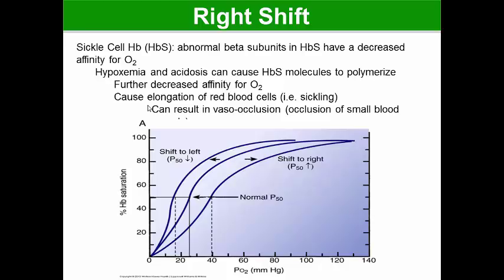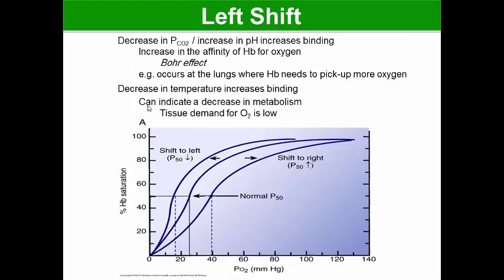And the red blood cells can accumulate together and can result in vaso-occlusive crisis because of the occlusion of the small blood vessels. Anyway, I believe you must have covered this condition in the hematology block.